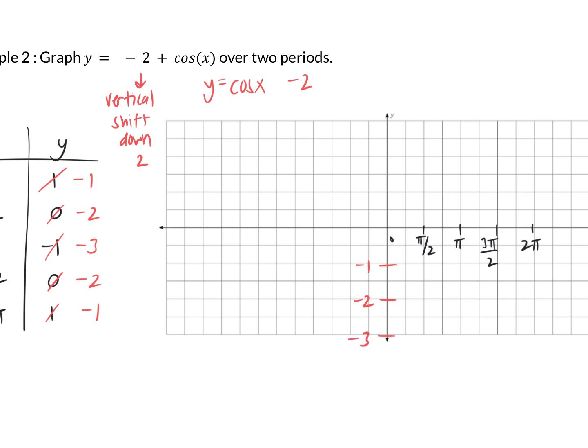This will be -3. Your scales might look slightly different than mine. That is okay. And I'm just going to plot these points. So I've got 0, -1, pi over 2, -2, pi, -3, 3 pi over 2, -2, and then 2 pi, -1.